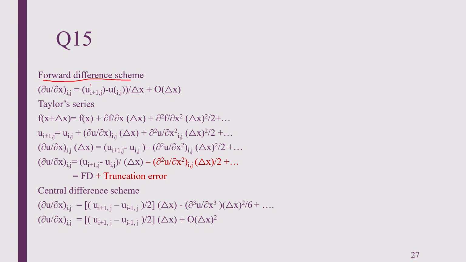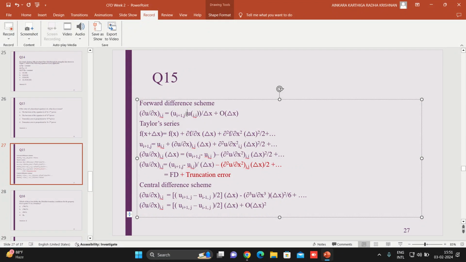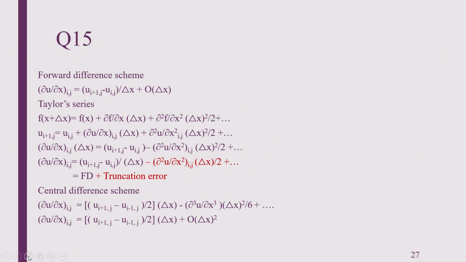We would write it as u i plus 1 comma j minus u i comma j divided by delta x plus order of delta x, that is first order.